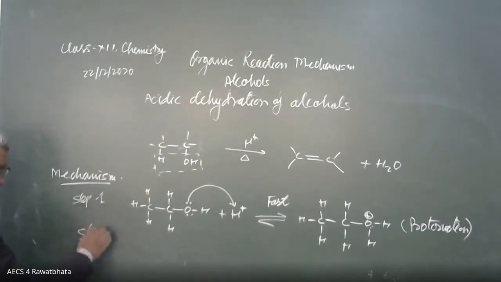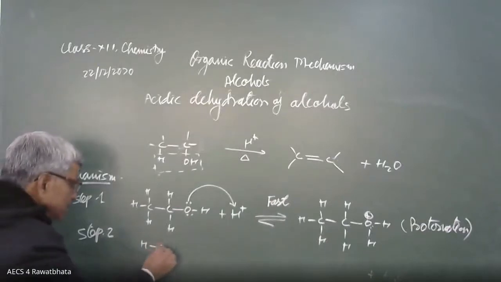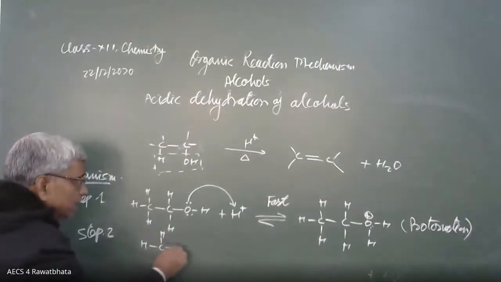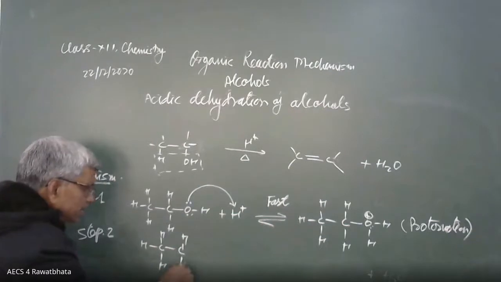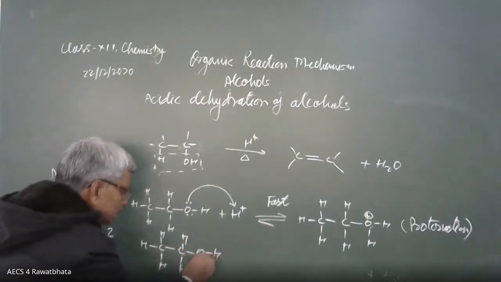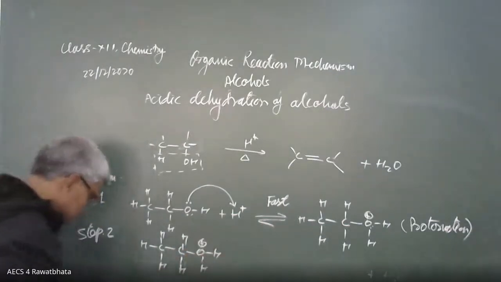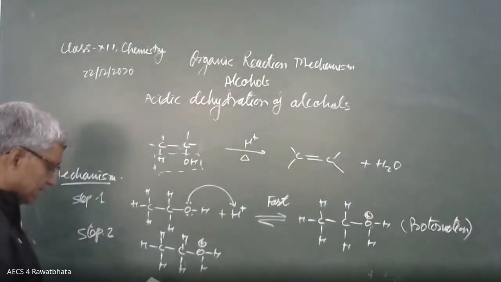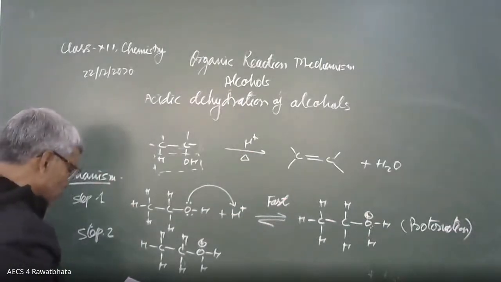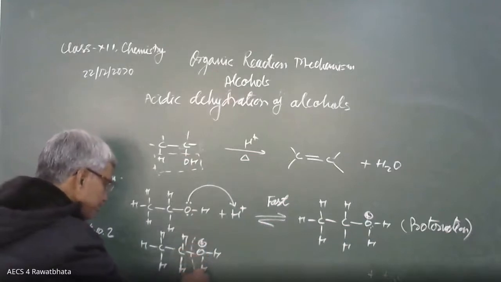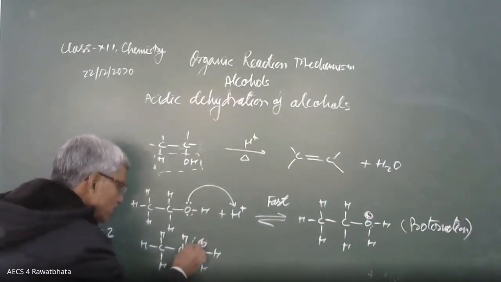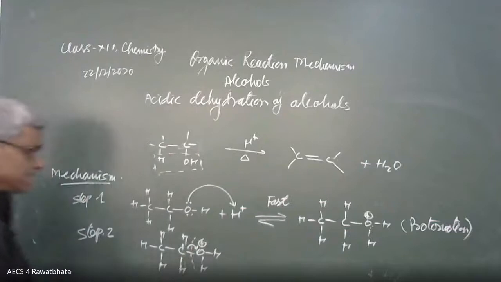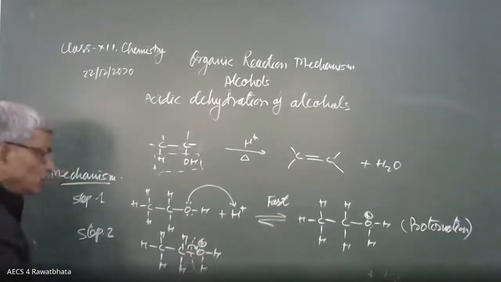In step 2, this protonated alcohol, here is hydrogen, here is carbon, hydrogen, here is O, H, here is the positive charge. In this case, this bond is broken, and this shared pair of electrons shifted towards oxygen and goes to form a carbocation with release of H2O.